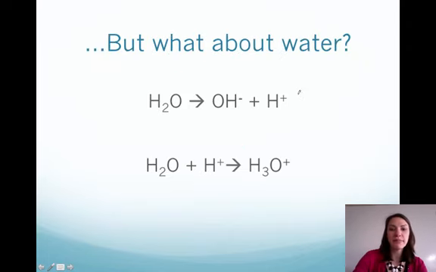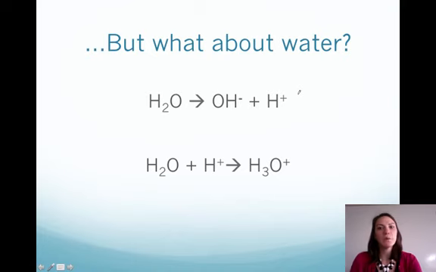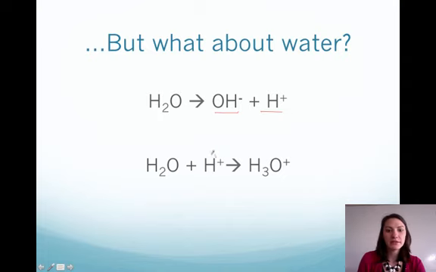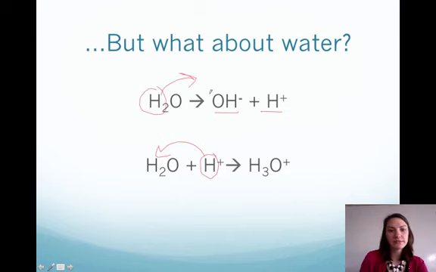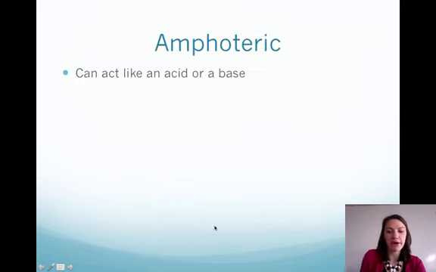Last thing that I want you to think about, we're going to revisit this. What happens to water? Well, here, the H of the water separates into OH and H+. Here, this H moves on to here. So what's going on? An H moves from here and separates. An H can get added. All right? This is called amphoteric.